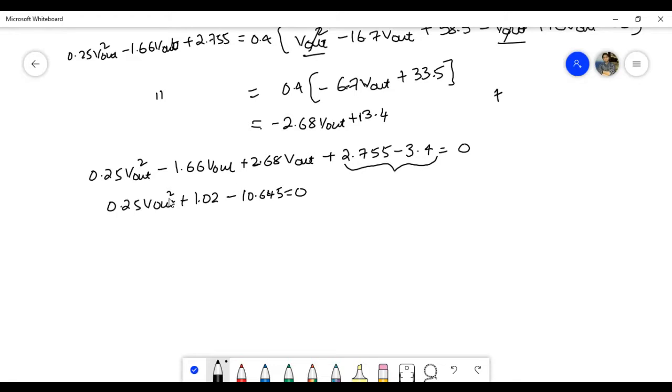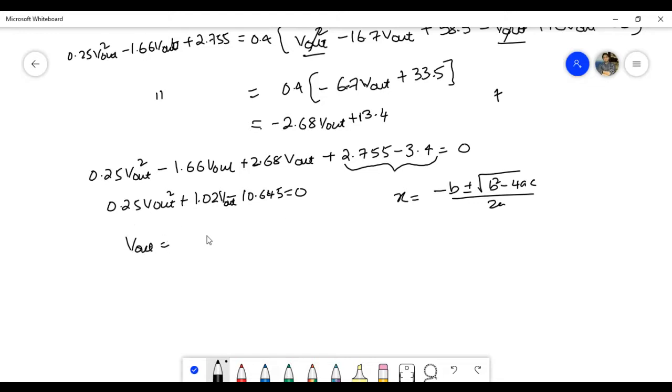Now we have an equation here in V out. So how to solve the equation? We have the formula minus B plus or minus under root B square minus 4AC by 2A, right? When you want to find X. So here we need to find V out.